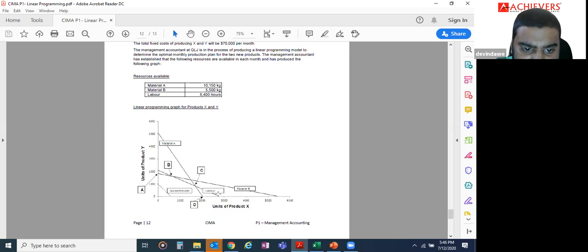Material A, and this is labor, right? Material A and labor.